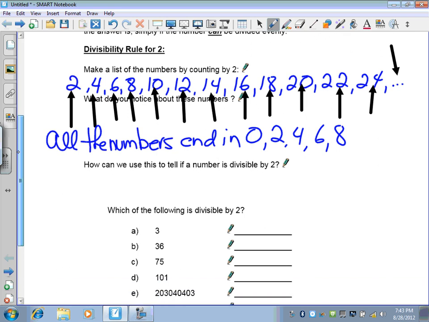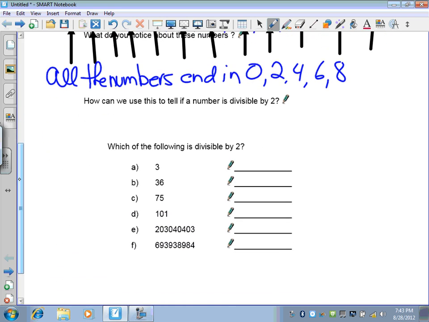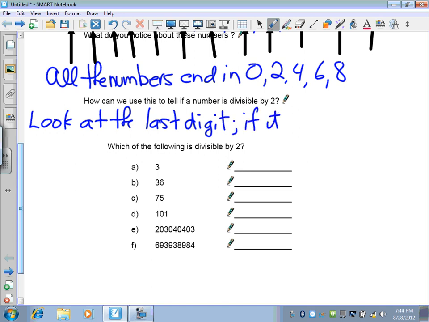So how do we use this to tell if a number is divisible by 2? Well, it's really simple. All we do is look at the last digit. We don't use the word number, I'm going to use the word digit. If it is even, now what does even mean? That means it ends in 0, 2, 4, 6, or 8.